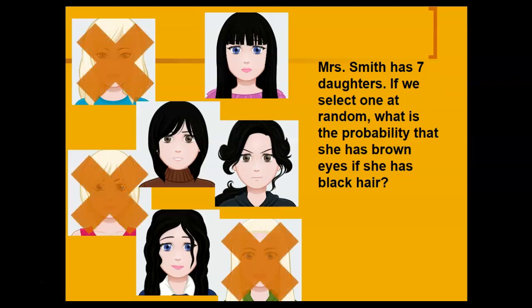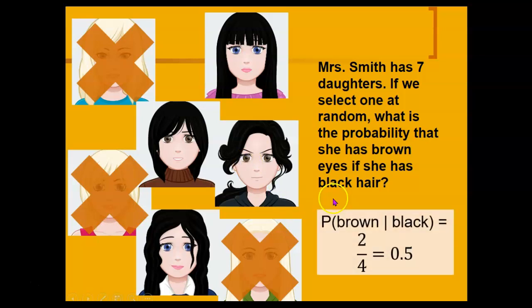So we're only focusing on the ones with black hair. If she doesn't have black hair, we don't care about her for this question. So if she has black hair, that means she's one of these 4. And out of those 4, what's the probability that she has brown eyes? Well, I see 1, 2 that have brown eyes out of the 4 with black hair. So the probability of having brown eyes if they have black hair is 2 over 4, which is 0.5.